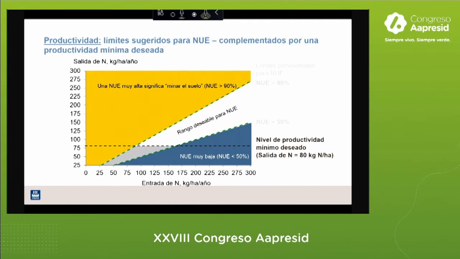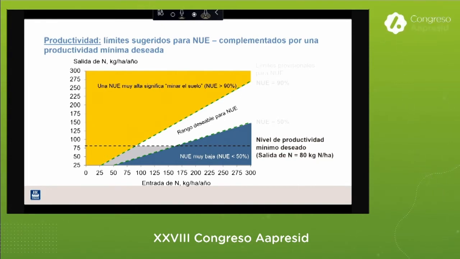So by knowing the nitrogen content of the crop, we can calculate how much nitrogen is in 10 tons of maize grain, for example. And this can be the limit or the desired level of productivity, and this can also be shown in this graph. So that's the horizontal line.